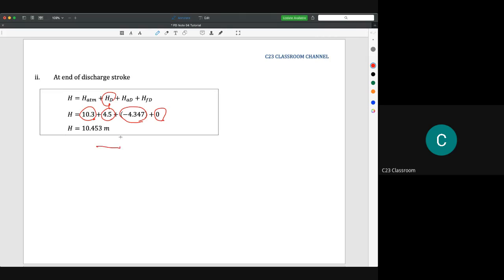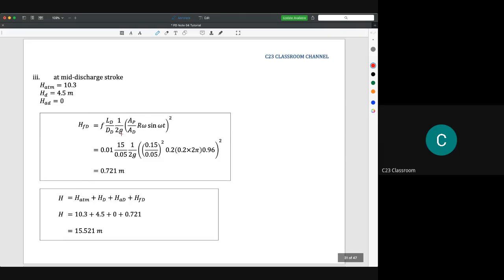So we have 10.453 meters. Then for the mid discharge stroke, at the middle here, we can calculate the friction as just 1, and we get the absolute head in the piston at mid discharge stroke as 15.521 meters.